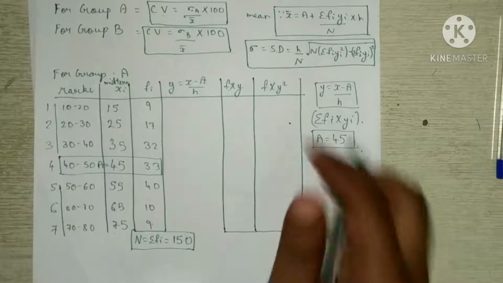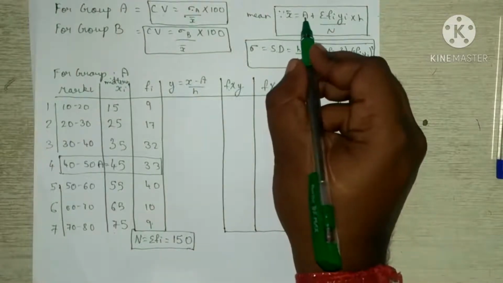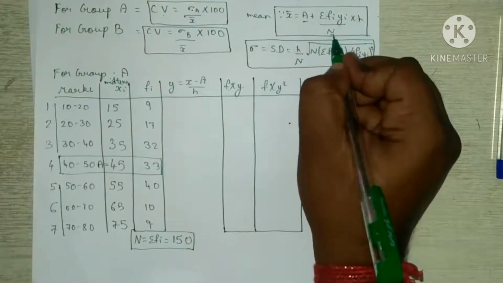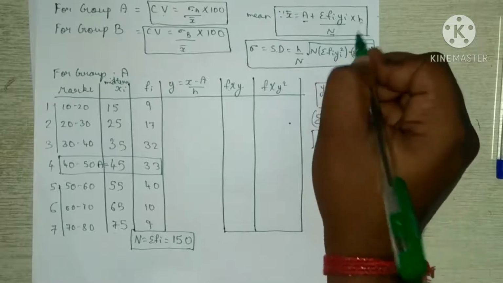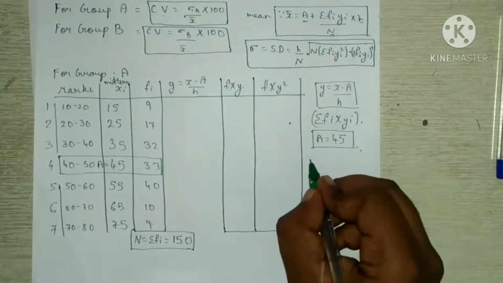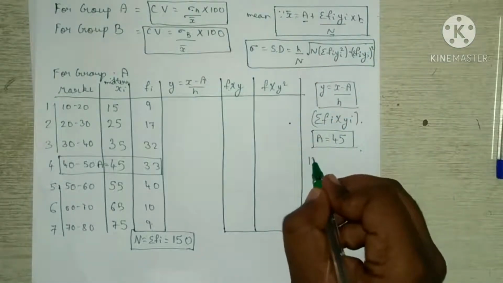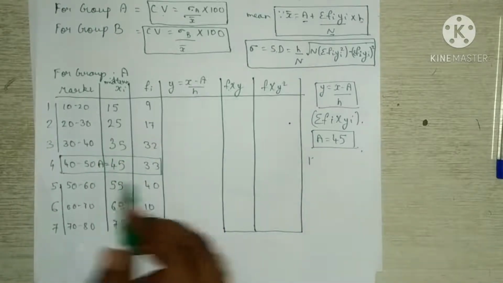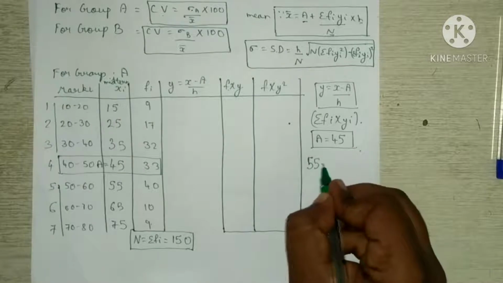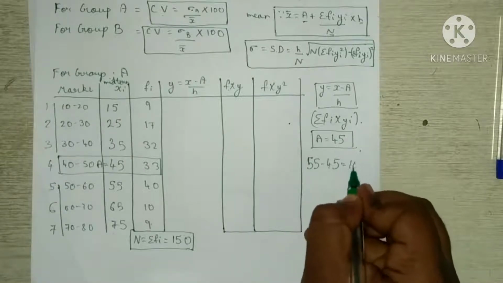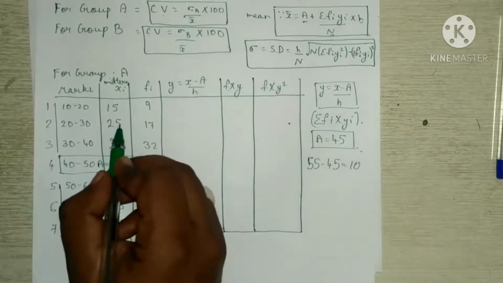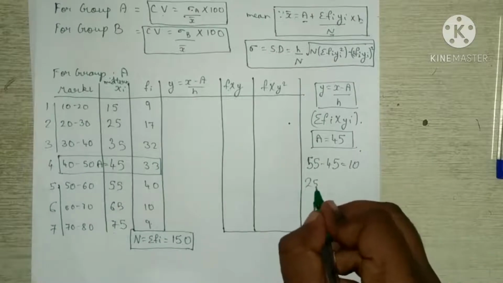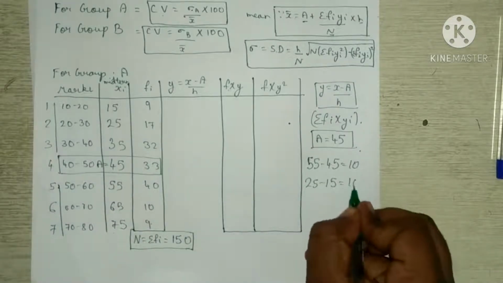You got A and N. Now you need to get h. H is the common difference between two terms. Consider 55 and 45: 55 minus 45, the common difference is 10. Consider 25 and 15: 25 minus 15, the common difference is 10.